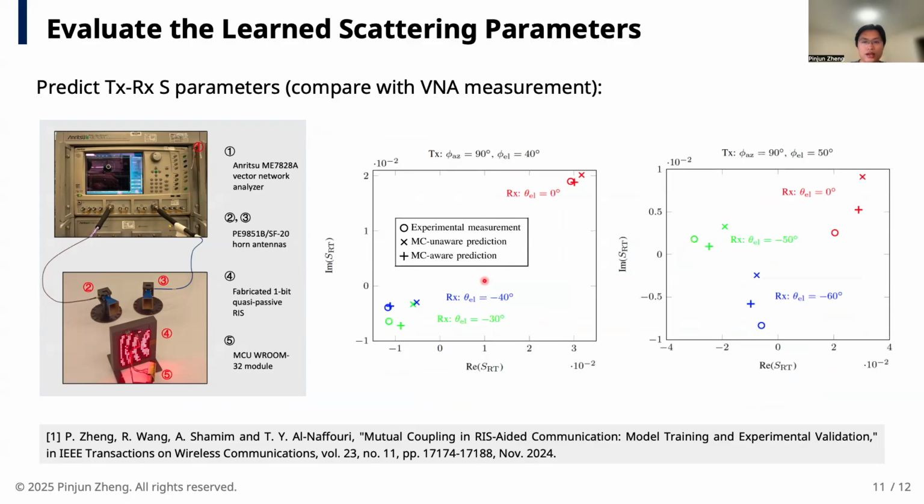So here we use a vector network analyzer to measure the end-to-end S parameters between the transmitter and receiver, which is denoted by SRT. And here we use two horn antennas to serve as transmitter and receiver, and we use this RIS to reflect signal.